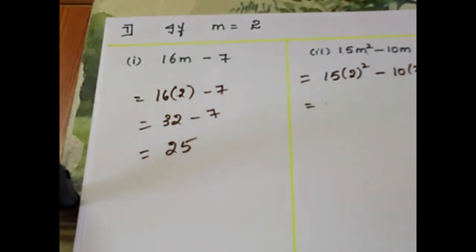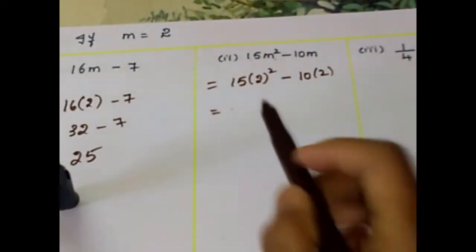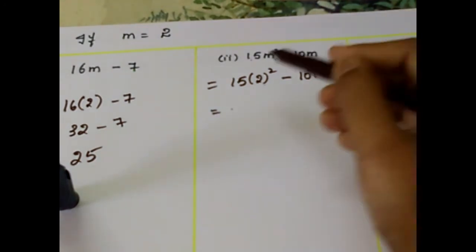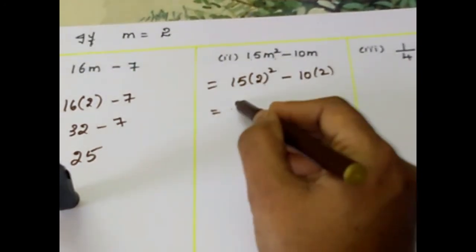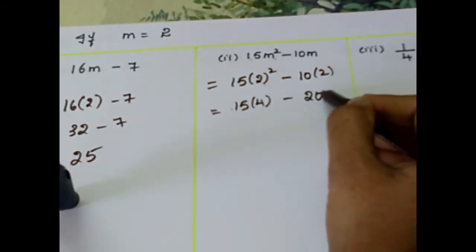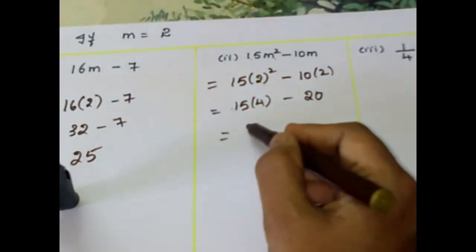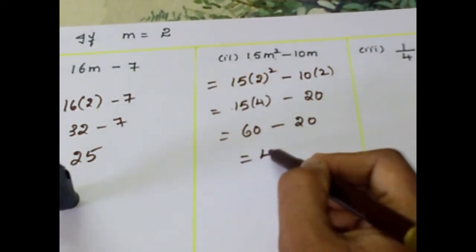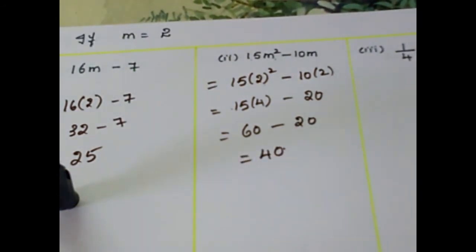Similar again. What do I need to do? Should I multiply 15 2s are? No, I am wrong. What should I do first? Calculate 2 square. That is 15 into 4 minus 20. 15 4s are 60. 60 minus 20 is 40.